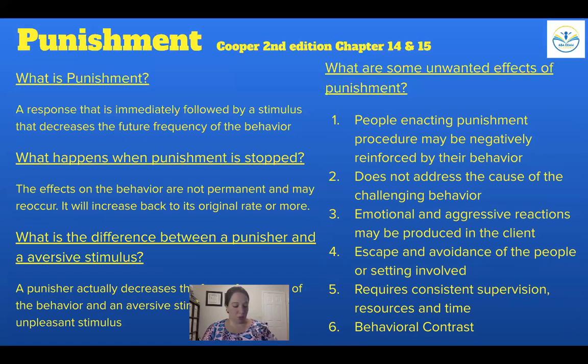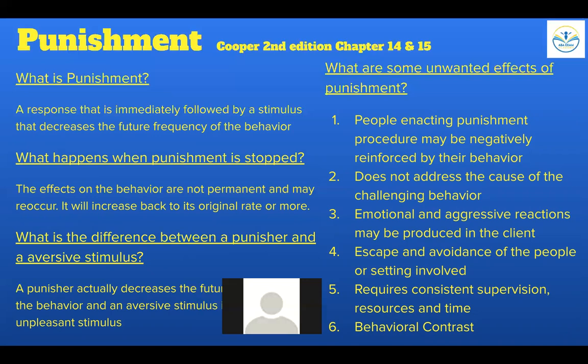Does anybody want to explain behavioral contrast really quick? Behavior contrast can happen with reinforcement, punishment, and extinction. And it occurs in the setting or the condition that is not being treated.